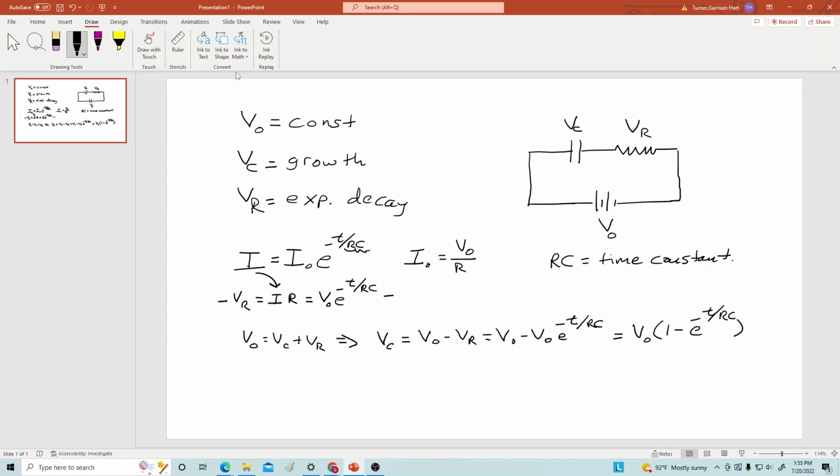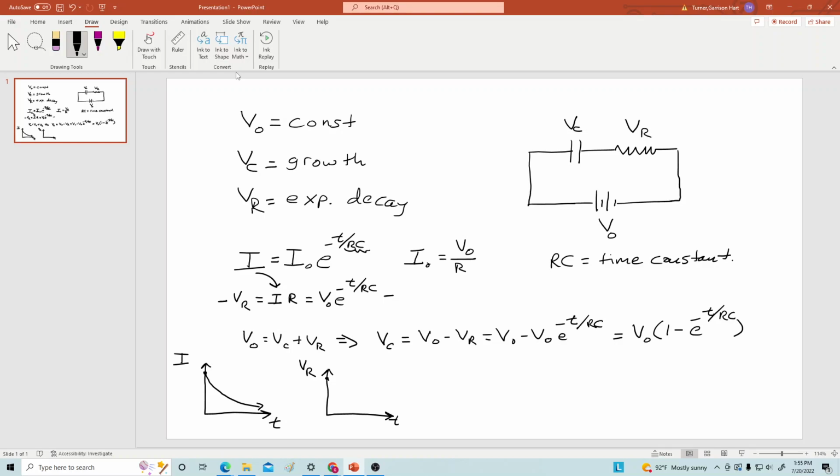So if I were to plot these, okay, if I plot my current as a function of time, my current's going to start out at some initial value and it will exponentially decay. And my voltage across the resistor will do the exact same thing.